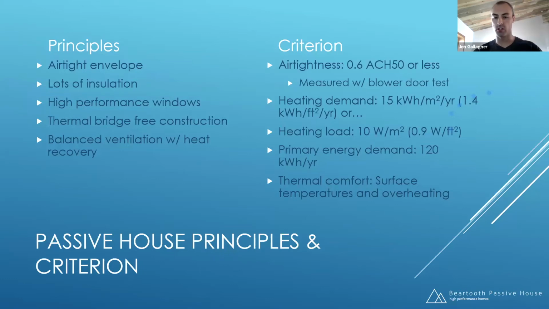And then it also addresses overheating. Yes, you can get a lot of energy from the sun if the entire south-facing facade of your house is glass that has a high solar heat gain coefficient, but it's probably going to get really hot and uncomfortable in there during the shoulder seasons and during the summer if you're not able to shade it. So that's not very comfortable, and Passive House would not allow that.